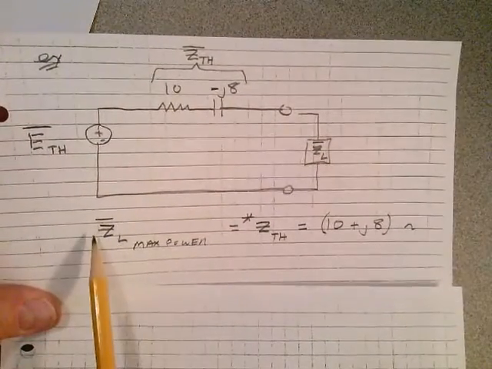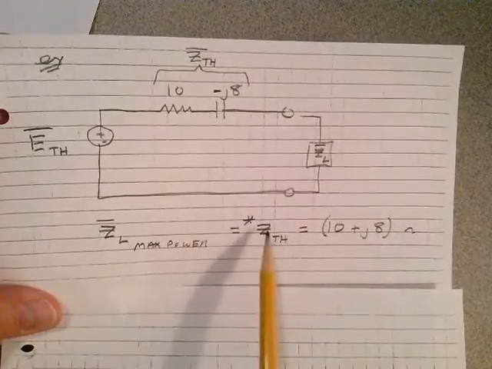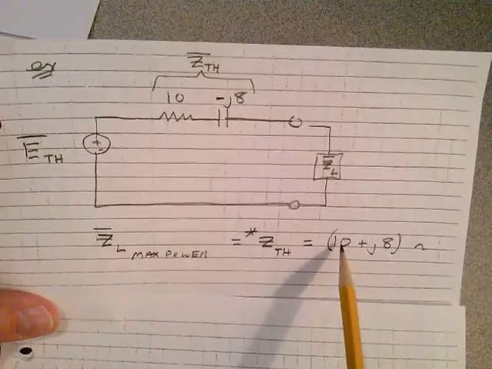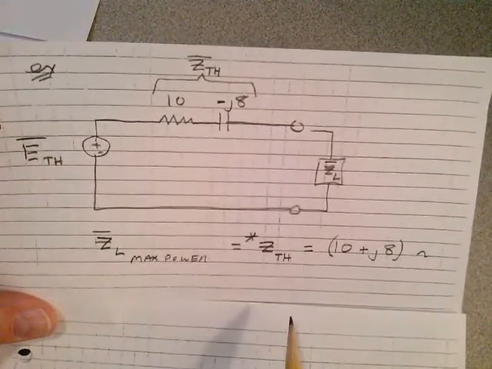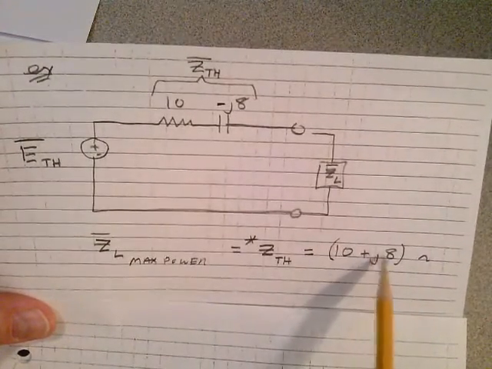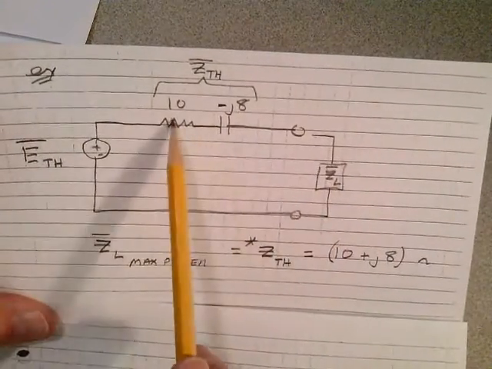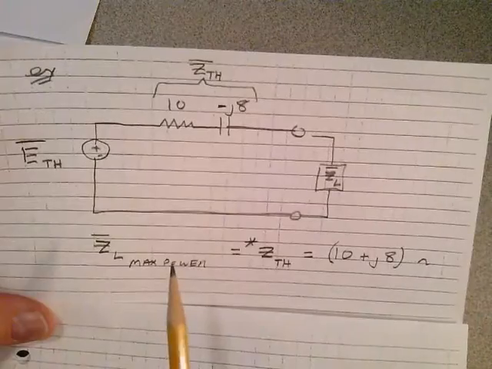The load impedance for maximum power transfer out here has to be equal to the complex conjugate of the Thevenin impedance, which is going to be 10 plus j8 ohms. This plus j8 has to cancel the minus j8 if you put it in out here, and it leaves pure resistance matching, 10 ohms to 10 ohms. It's an important concept.